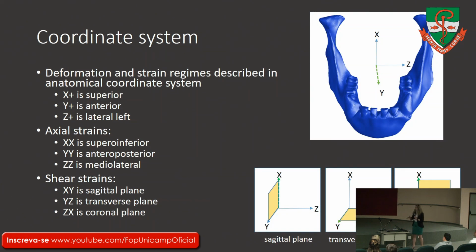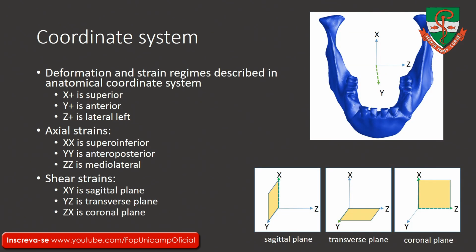And here, just to orient you to that coordinate system, I've applied an anatomical coordinate system to each of the models. So our deformation and our strain regimes are going to be described in this anatomical coordinate system. You can see that X positive is superior, Y positive is anterior, Z positive is to the left.